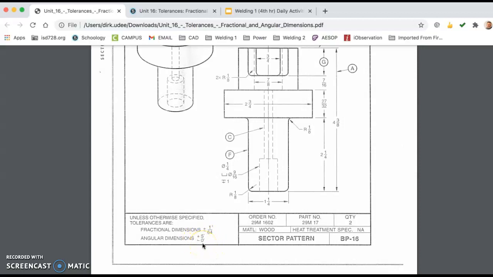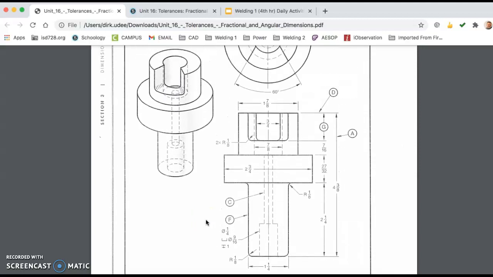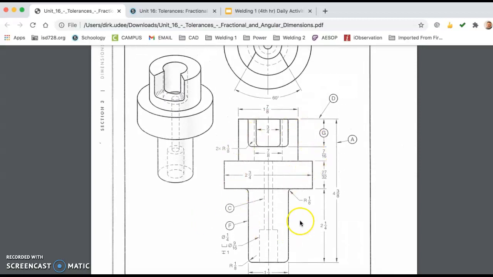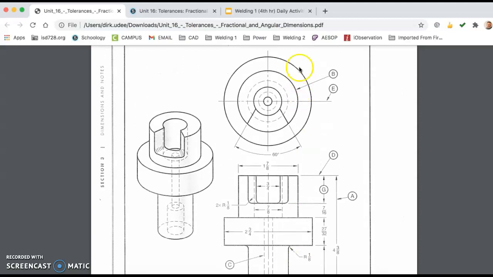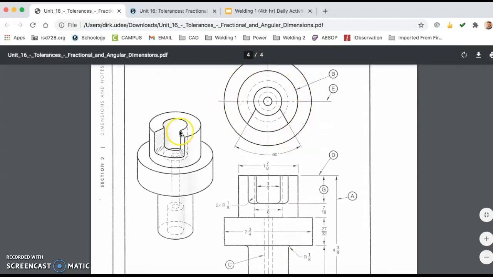It washes itself out. So this now too is where you're probably going to need to use a calculator to help determine at least the fractional. So on this blueprint here, we have our front view, we have our top view, and here's your three-dimensional cutaway part.